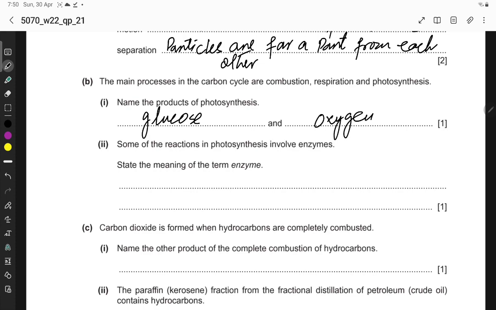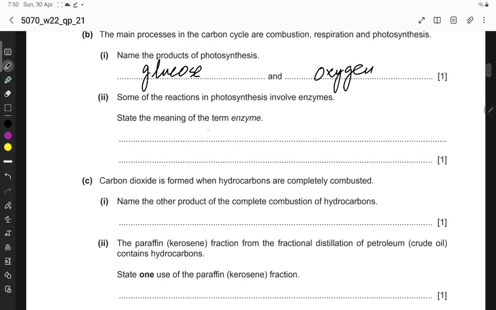State the meaning of the term enzyme. Enzyme is a biological catalyst.